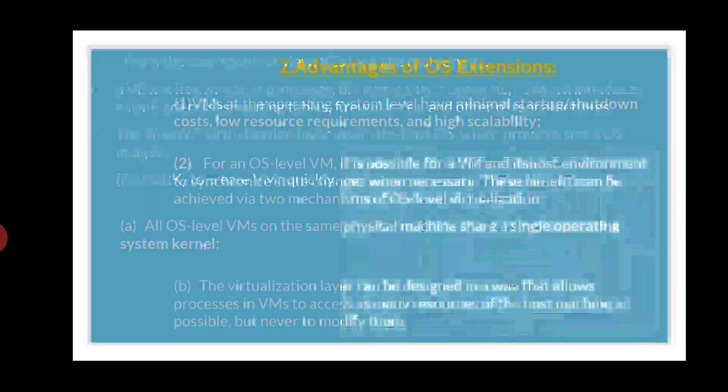First, virtual machines at the operating system level have minimal startup or shutdown costs, low resource requirements, and high scalability. Second, for an operating system level virtual machine, it is possible for a virtual machine and its host environment to synchronize state changes when necessary.